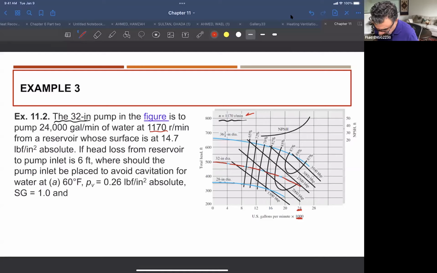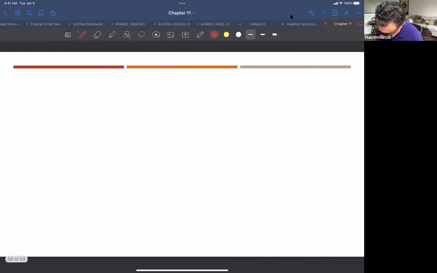What do you mean the surface at 14.7 PSI? This means the atmospheric condition is 14.7. So this tank or surface at this level, absolute means this is your atmospheric condition.